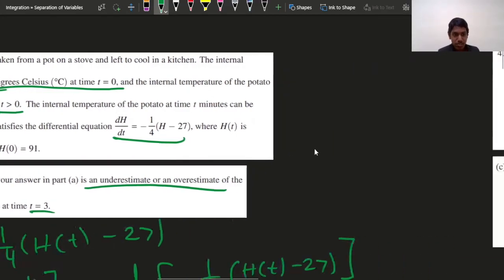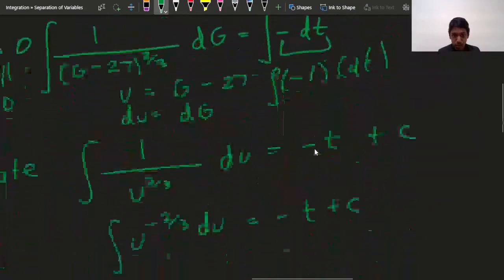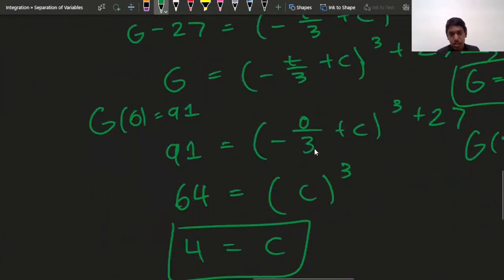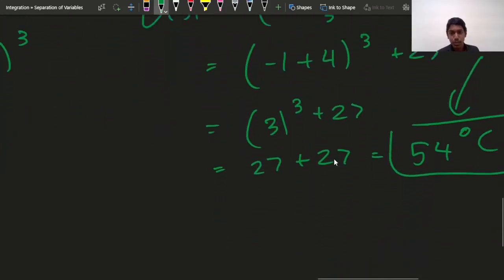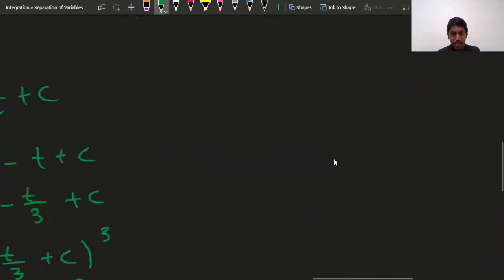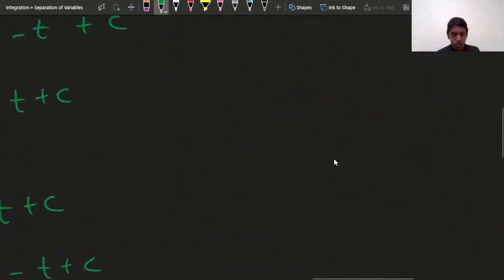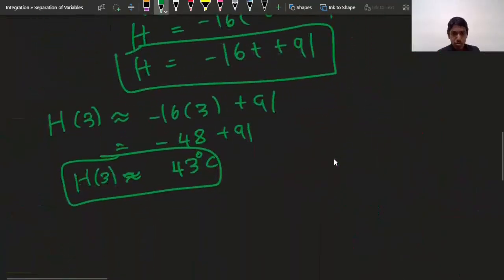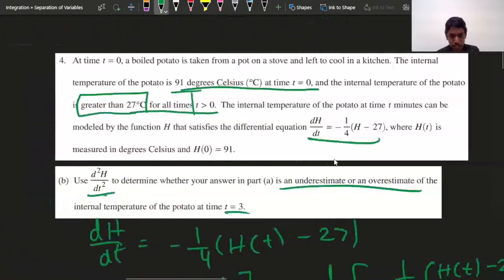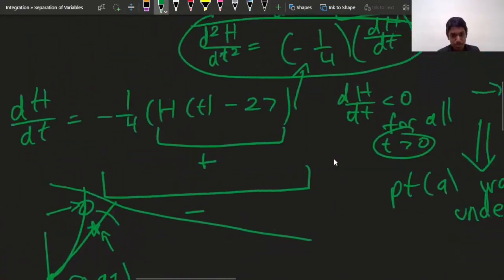So a good thing to ask yourself before you finish off any question is, does my answer make sense in the grand scheme of things? Just taking a big picture view here. Our actual value was 54, and our estimated value was 43. So that matches that it's an underestimate.